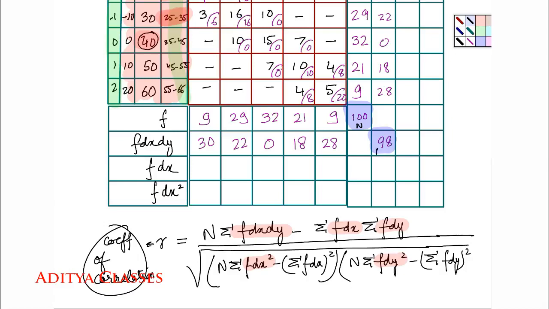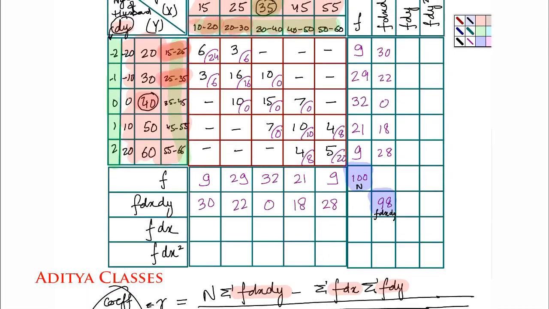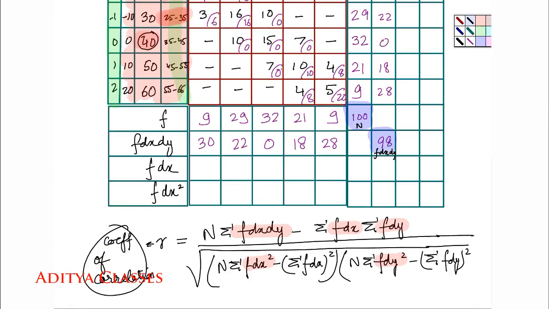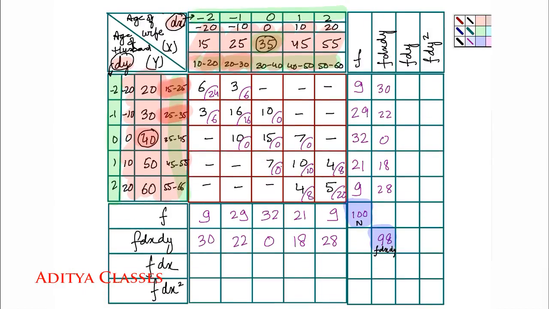Let us cross check if it is same. See, both f dx dy are coming from same data, so they have to be same. If you check it from here, you'll get again 22 and 18 is 40, 40 plus 30 is 70 and 28 is 98. So yes, we have done it well. So out of this formula, n has been found, sigma f dx dy has been found. Let us go ahead and find out remaining values.